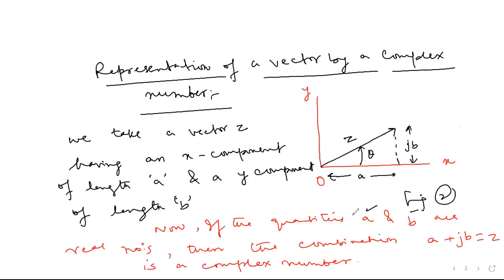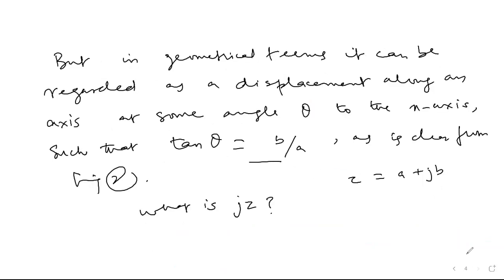That means if I have a vector z, which is actually a complex number, and I want to figure out which vector will represent the complex number jz. So let's find out. z is a plus jb.